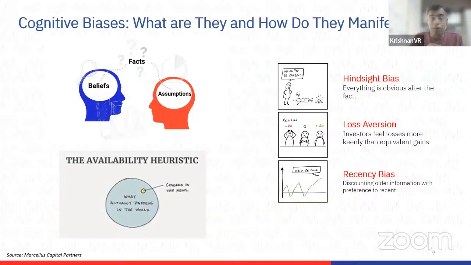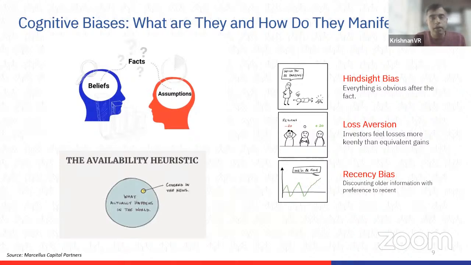One reason could be that road accident or road rage cases you can find on the third or fourth page of your newspapers every now and then, whereas tuberculosis deaths are hardly reported, right? You might hear nowadays about COVID deaths, but people will hardly talk about tuberculosis, which is kind of a silent killer in India, at least. So this is just to make that point on what is relevant versus what is available.